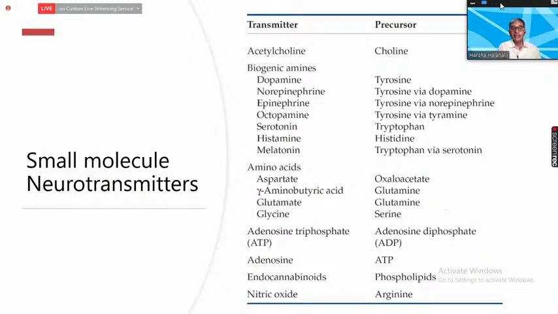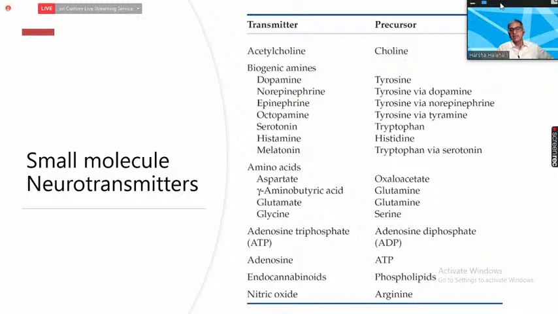There are various types of neurotransmitters broadly classified into two types: the small molecule neurotransmitters and the large molecule ones, the neuropeptides. Among the small molecule neurotransmitters, one important category is acetylcholine in itself. Then you have the biogenic amines like dopamine, norepinephrine, epinephrine, serotonin, histamine, etc. Then you have the amino acids like aspartate, glutamate, glycine, GABA.